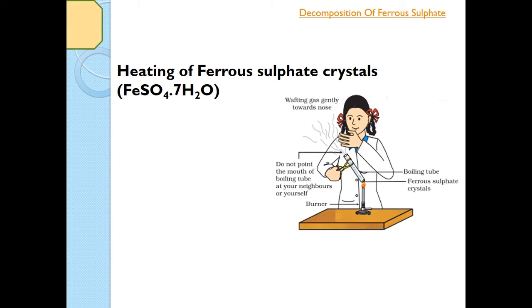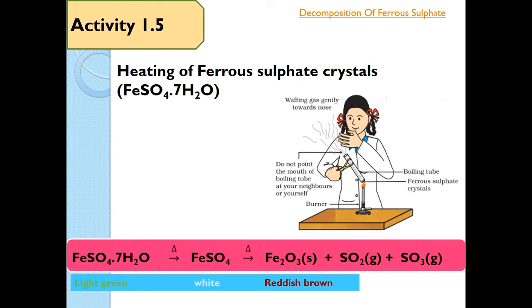Let us discuss activity 1.5 of NCERT textbook, which deals with heating of ferrous sulfate crystals. Ferrous sulfate crystals, when heated, initially water molecules are lost and light green color of ferrous sulfate crystal becomes white, means anhydrous ferrous sulfate is white in color.